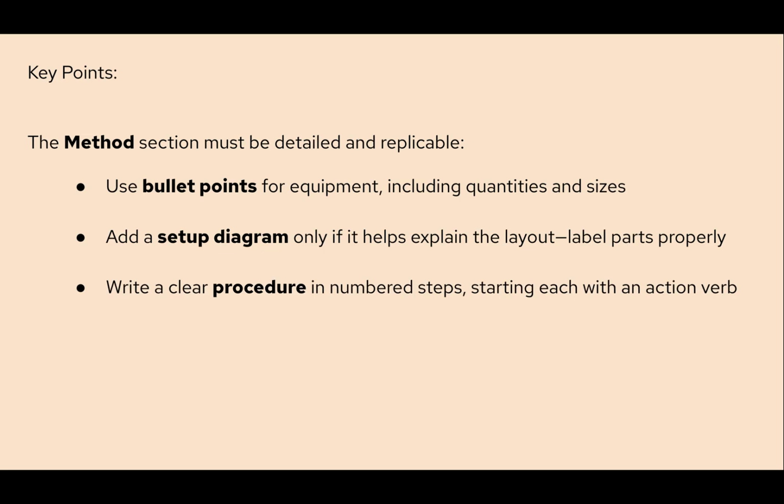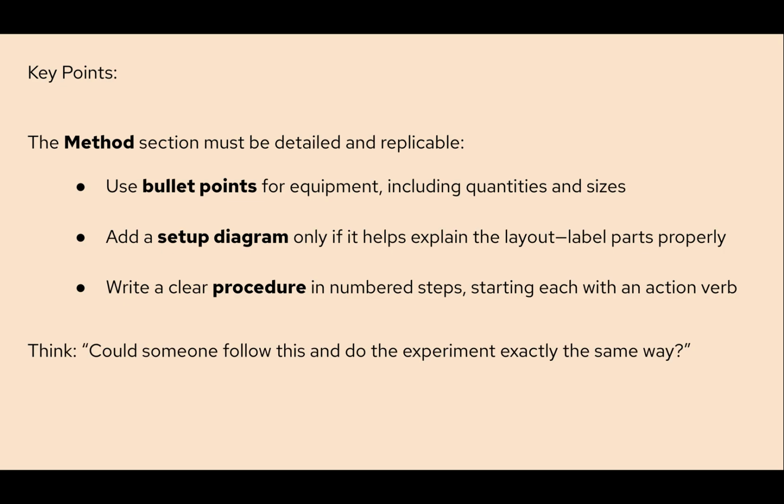Write a clear procedure. Use numbered steps, and again, start each step with an action verb. Think, could someone follow this and do the experiment exactly the same way? If you say yes, you've got a great method. A well-written method equals a reliable and repeatable experiment.